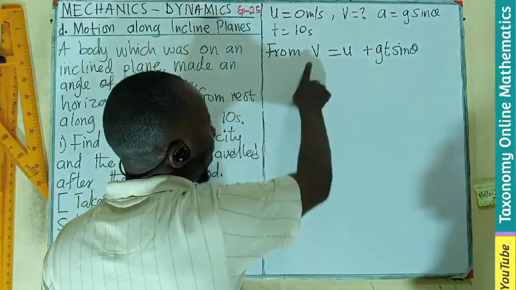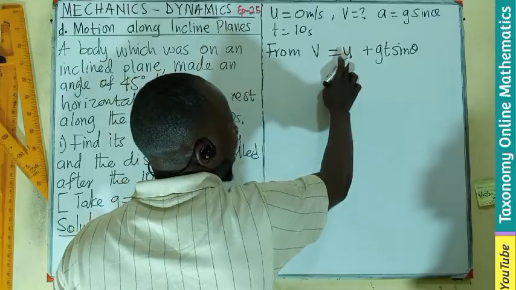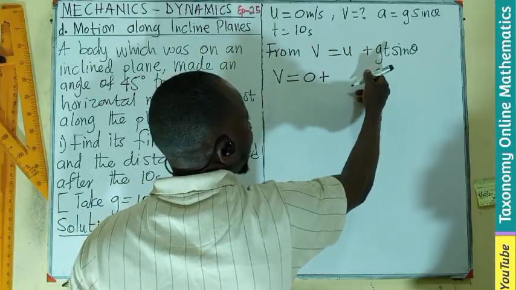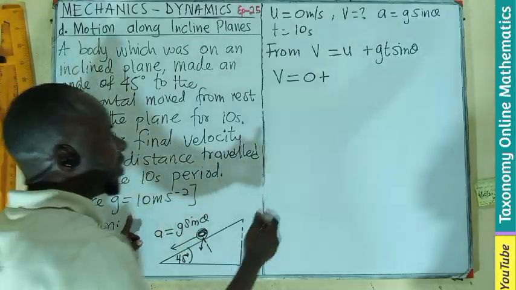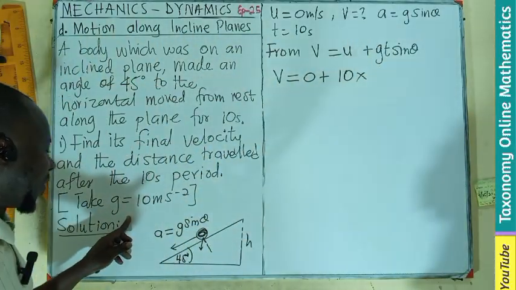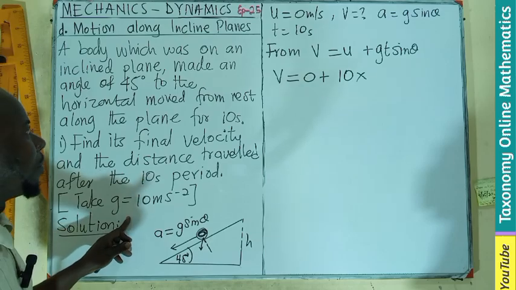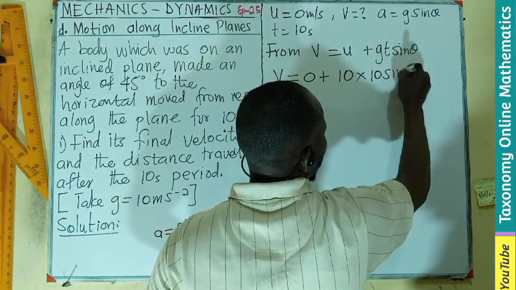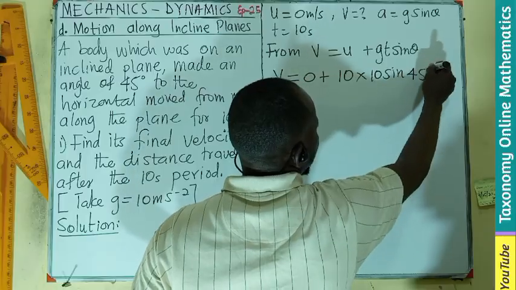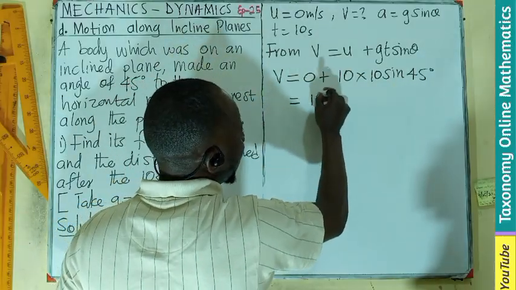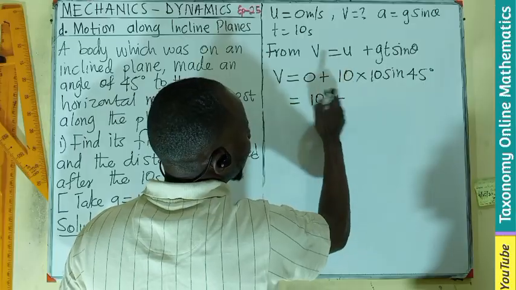So if I'm looking for the final velocity, knowing the initial velocity, this is going to be 0 plus the acceleration due to gravity, which is 10, times the time, which is also 10, then the sine of the angle, 45 degrees.